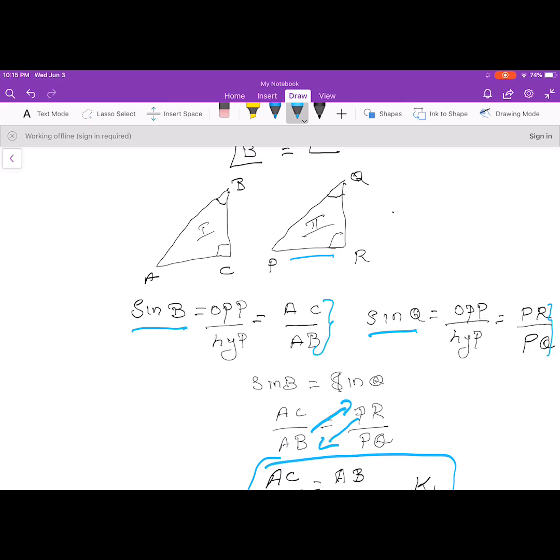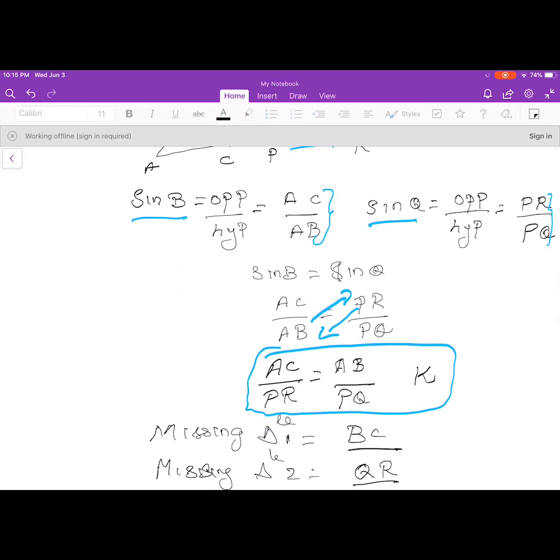It is given that sine B is equal to sine Q. So I can write AC by AB is equal to PR by PQ. I'm just taking PR to this side and AB to the other side, so that AC by PR is equal to AB by PQ. That is equal to some number, let it be k.